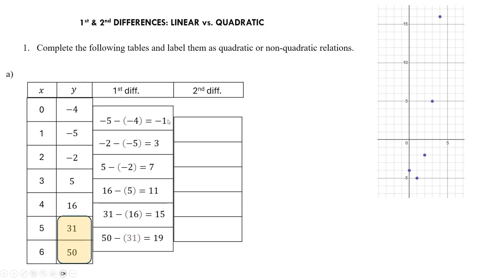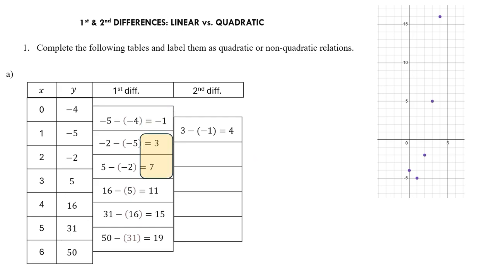Now, we've got a whole different list of differences here. I'm interested now in what is the difference between this difference and this difference. And we can get this by stating 3 minus -1, which gives us a value of 4.